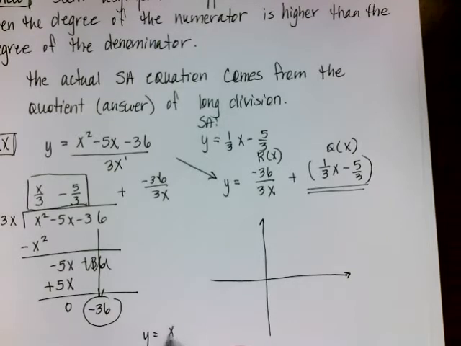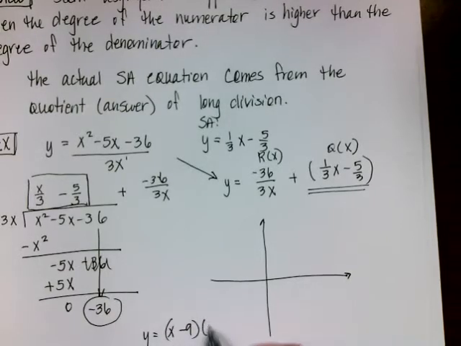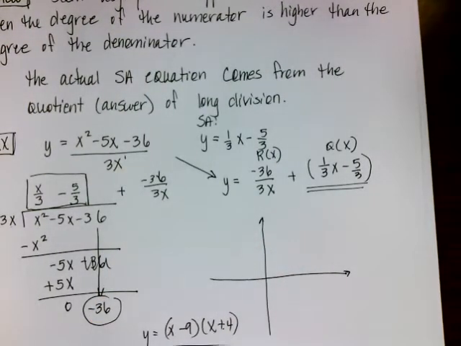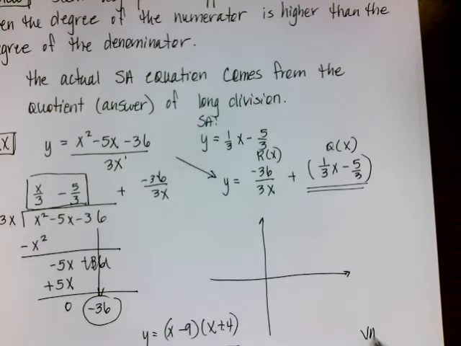So I'm going to have x minus 9 and x plus 4, because 9 and 4 is a negative 36, and 9 minus 4 is going to give me the negative 5 over 3x. I'm not going to have a horizontal asymptote. I have a vertical asymptote at x is equal to 0. So I'll write it over here. Vertical asymptote is x is 0.